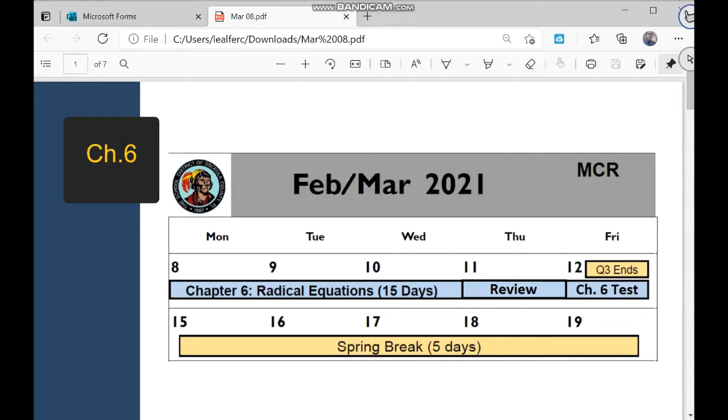I will try to make the test available on Wednesday evening together with the quiz. So you can have a couple of days to work on the tests, and you can make sure you finish by the due dates, so you can have the grade, you can have the extra credits, and you can start your spring break relaxed. Don't need to be worried about anything at all, okay?